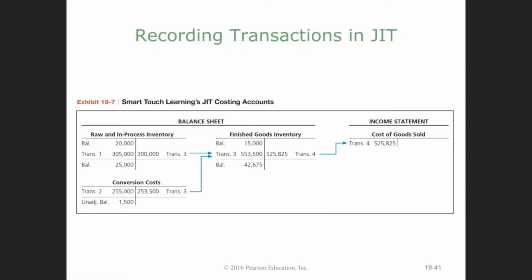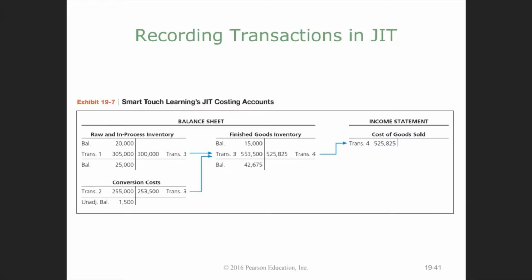And so we debited that account for the 305,000 for the raw and in-process inventory, and then if you go down to transaction 3, we also had to make a credit to that account. On transaction 3, we credited the raw and in-process inventory because we had completed some standard model tablets that ended up moving to finished goods.